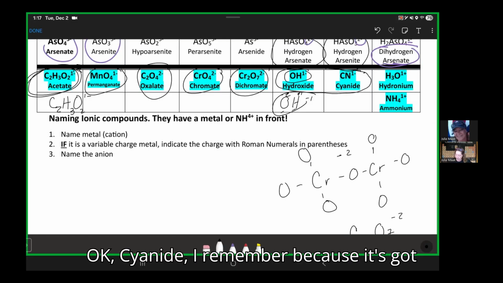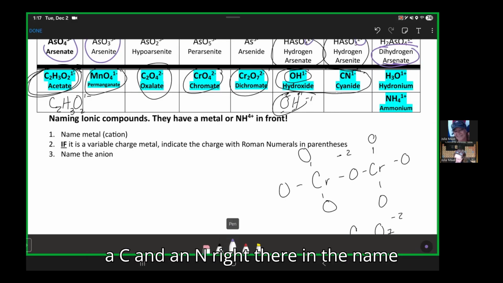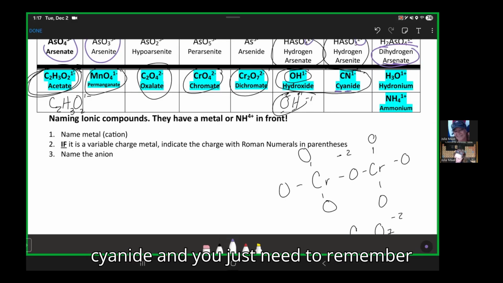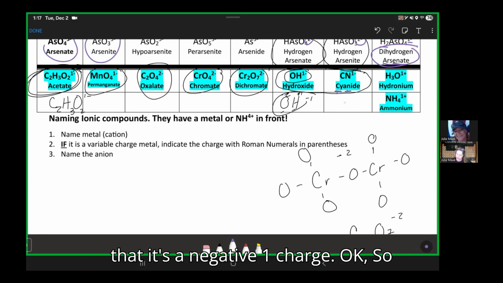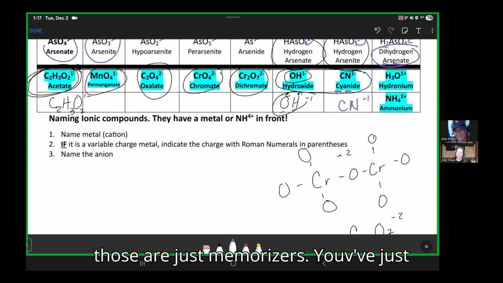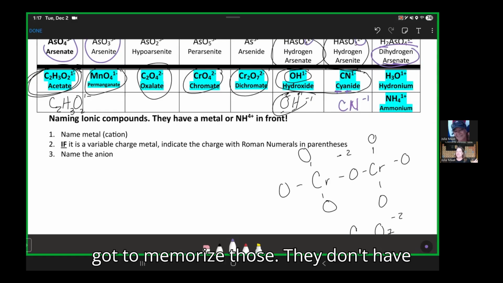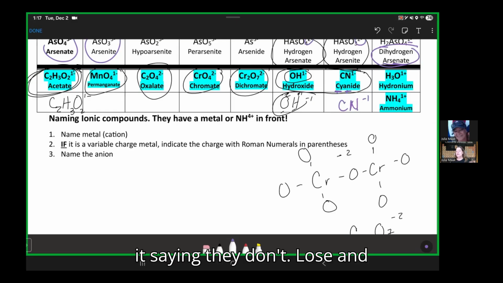Cyanide, I remember because it's got a C and an N right there in the name, cyanide. And you just need to remember that it's a -1 charge. So those are just memorizers. You just got to memorize those. They don't have a saying. They don't lose and gain oxygens. They don't follow rules. You just got to memorize those guys.